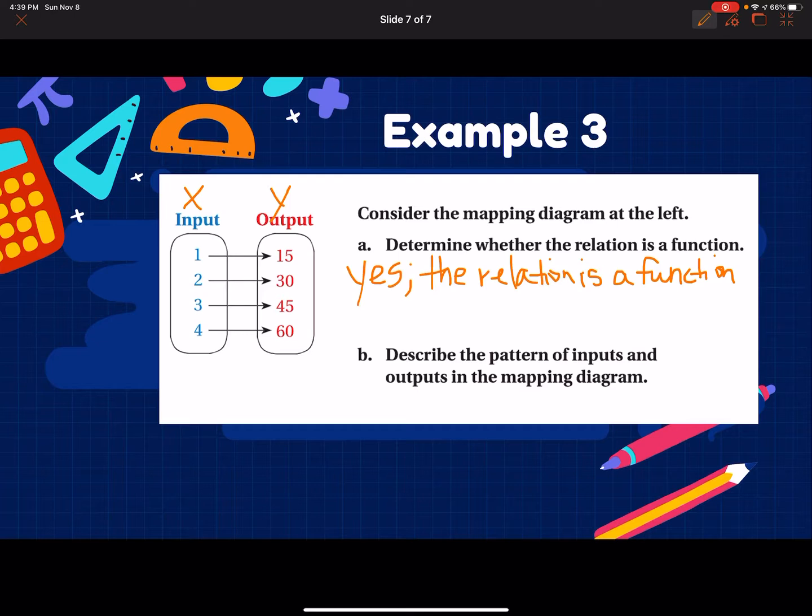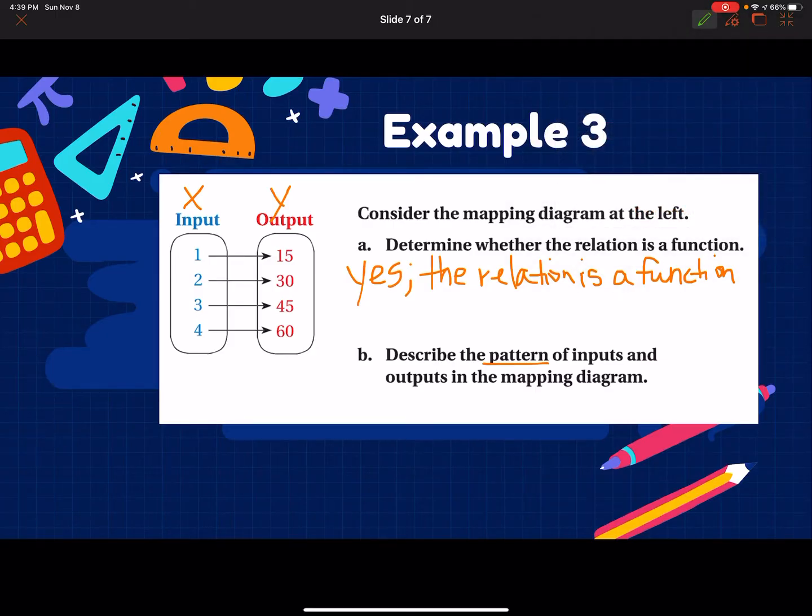Part B says describe the pattern of inputs and outputs in the mapping diagram. Okay, so we're going to look at the relationship. Relationship is just another word for pattern. So look at the relationship between the input and the output values.